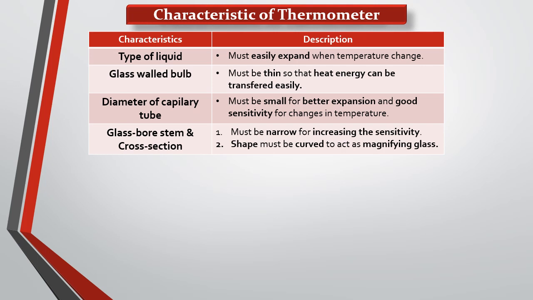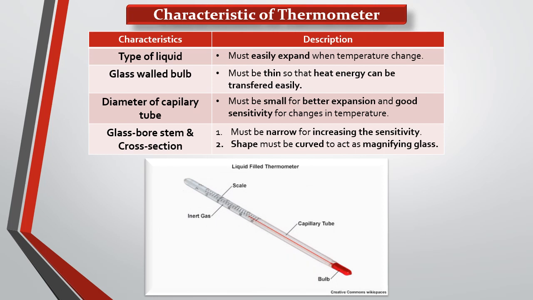It must be small for better expansion and good sensitivity to change in temperature. The last one is the glass stem and the cross section. The stem must be narrow to increase the sensitivity, and the cross section must be curved, so it acts as a magnifying glass.